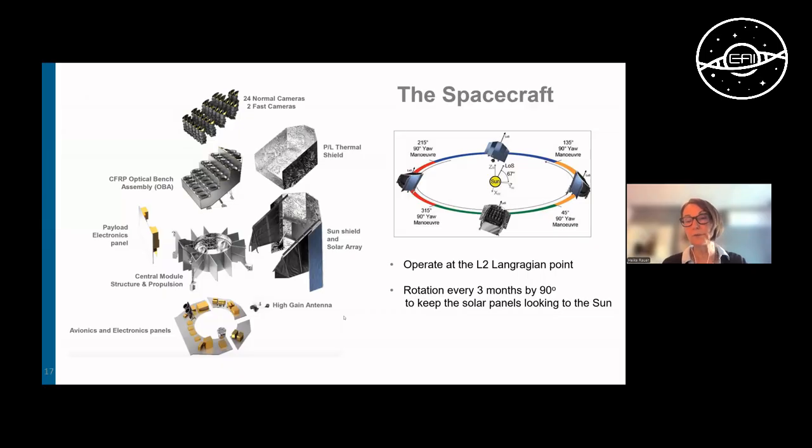It will operate at the L2 Lagrangian point, which means seen from the sun, it's behind the Earth, going around the sun with the Earth, of course. And to avoid the sun shining into the satellite, we have to rotate the satellite every 3 months by 90 degrees. This is similar to the Kepler mission. So those of you who have worked with Kepler data will be used to getting data releases every 3 months.